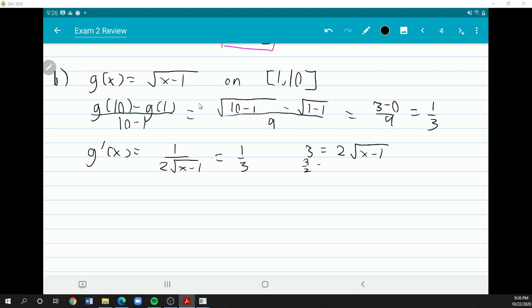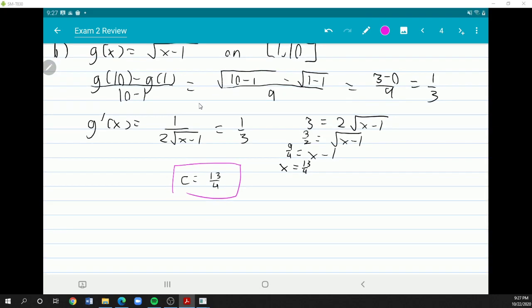Divide, 3 halves equals root x minus 1. Square both sides. 9/4 is equal to x minus 1. Add 1 over. So at x equals 13 over 4, we get our average. So we say c equals 13 over 4.